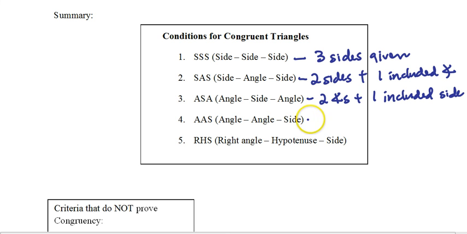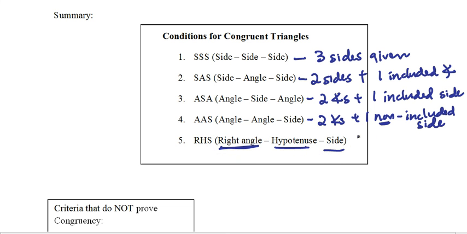Angle angle side is different from angle side angle because we have 2 angles plus 1 side. The keyword here is non-included side. And finally, the last one is when you have a right angle triangle with hypotenuse and side. So you will have to memorize all these 5 conditions, because in questions you have to decide which condition to use. We will do some practice later.